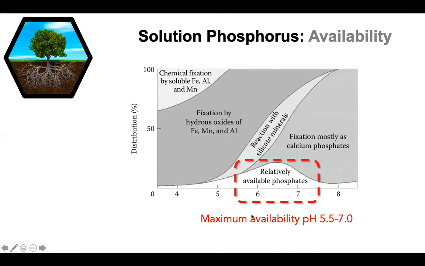So people do all kinds of things to make sure that phosphorus will be available, things like liming to raise the pH in acidic soils, just to make sure that phosphorus is in fact plant available.